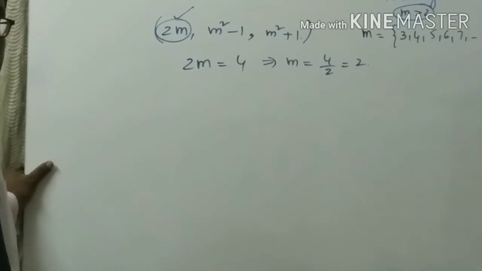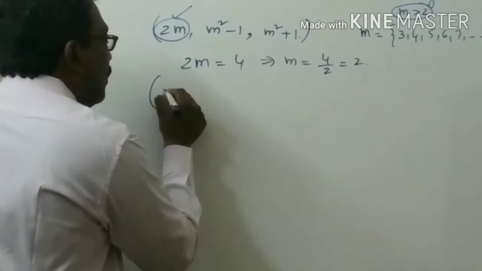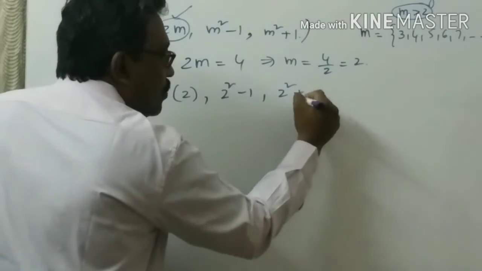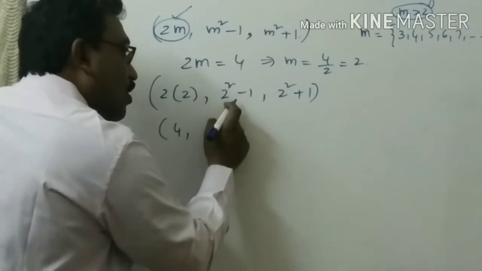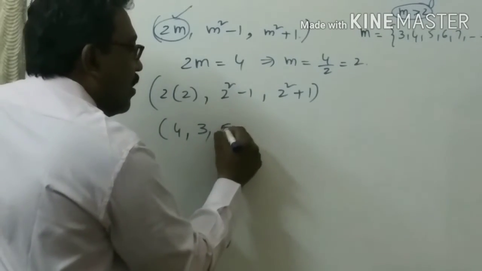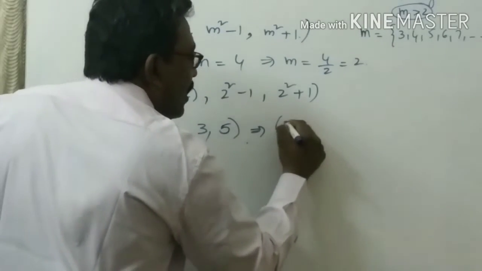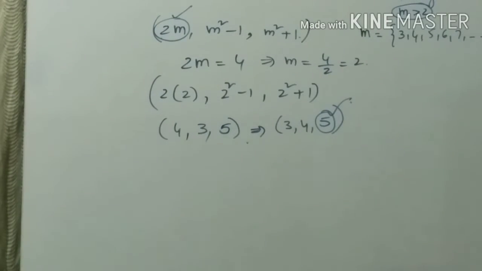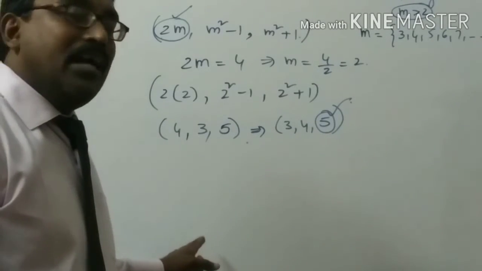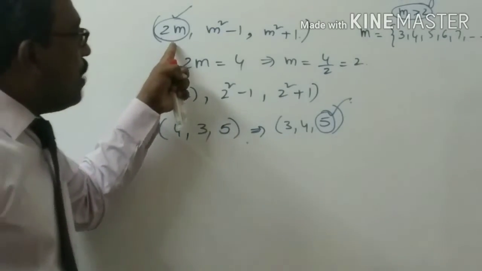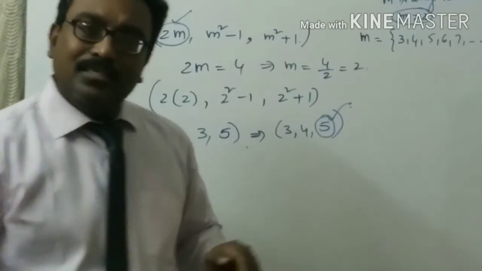Substitute: 2 square minus 1 is 4 minus 1, 3; 2 square plus 1 is 5. We write in order from least to maximum because the maximum is the hypotenuse. So 3, 4, 5 is a Pythagorean triplet. This is the way to find a Pythagorean triplet in which one number is given, using the formula 2m, m square minus 1, m square plus 1.